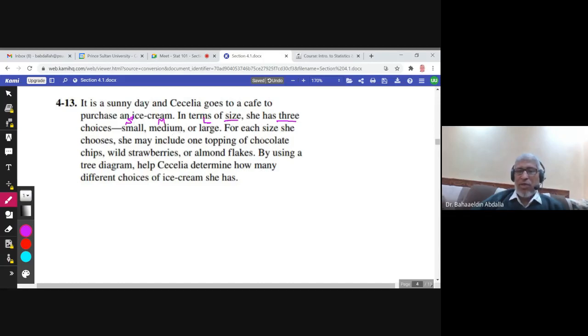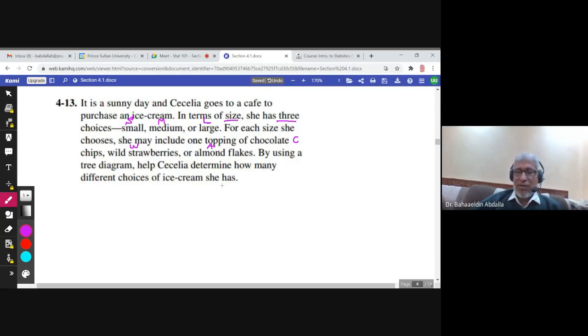For each size she chooses, she may include 1 topping of chocolate chips, let me call it C, wild strawberry, W, or almond flakes. Okay. So for each size, there are 3 choices of flavors if you want. By using a tree diagram, help Cecilia determine how many different choices of ice cream she has.